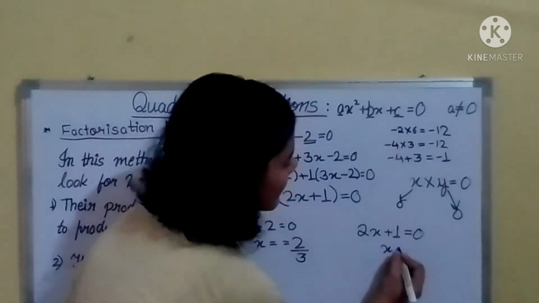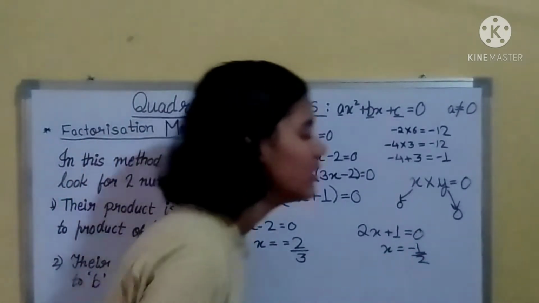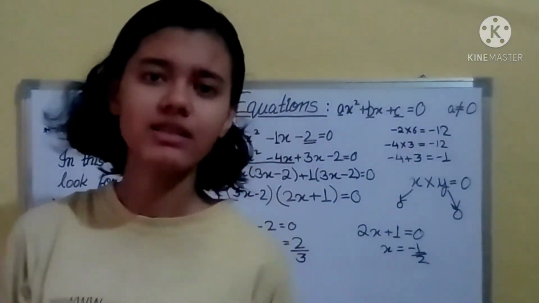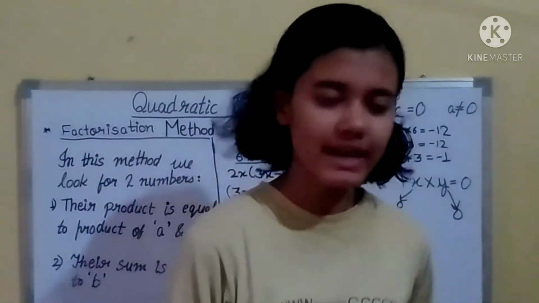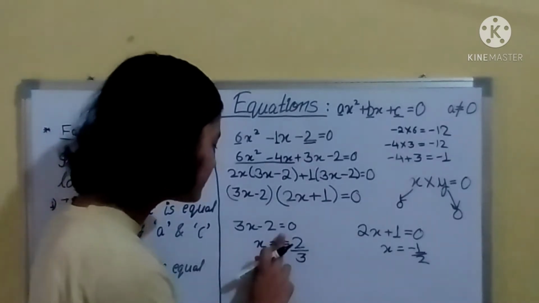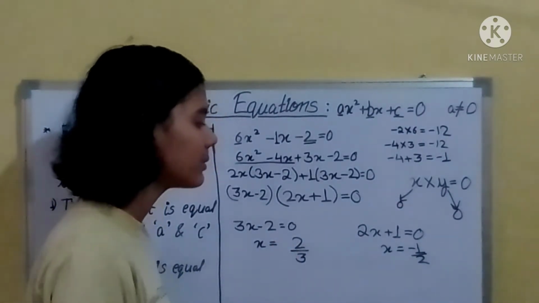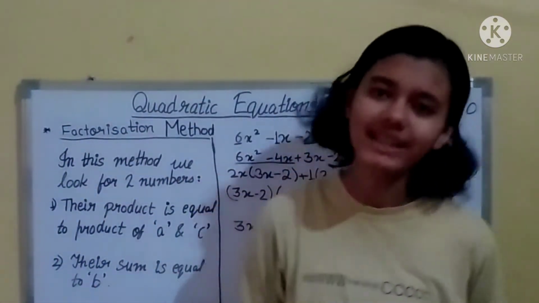So x is equal to minus 1 upon 2. See, in a quadratic equation the highest power is 2, so we will get two values of x. So we have got the two values. First is x is equal to 2 upon 3, and the next value of x is minus 1 by 2.